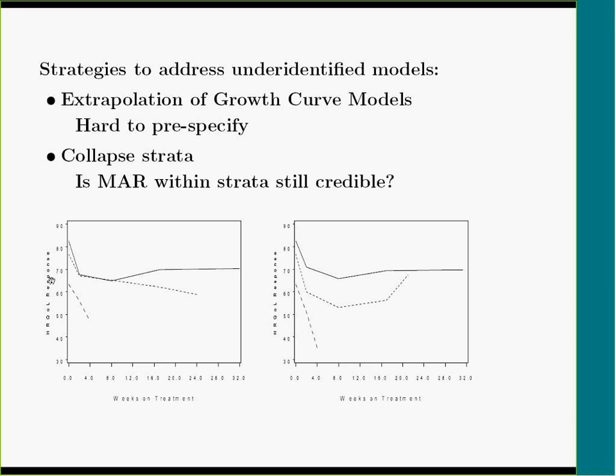This is another trial, and while that first trial looked really nice, like you could argue for intercepts and slopes, in this case we definitely have very non-linear trajectories, and it's really hard to figure out.